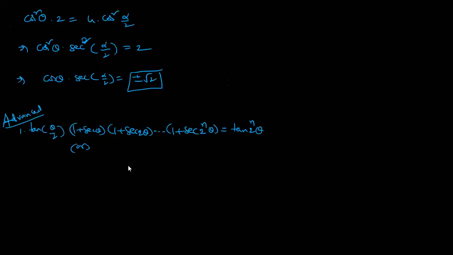Don't worry, we will discuss this in progressions and series also. Now, 2 tan theta into (1 + sec 2theta)(1 + sec 4theta) and so on up to 1 + sec 4theta. What is the answer? Both are the same cases coming.